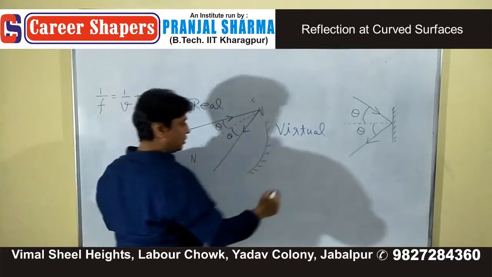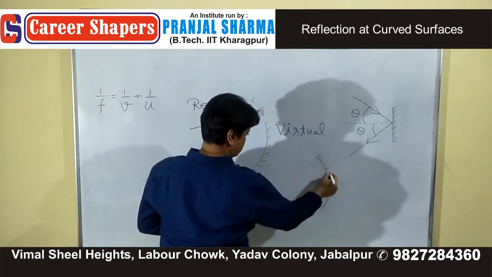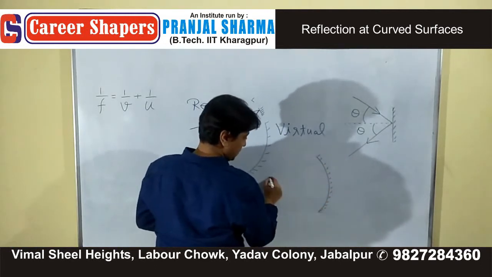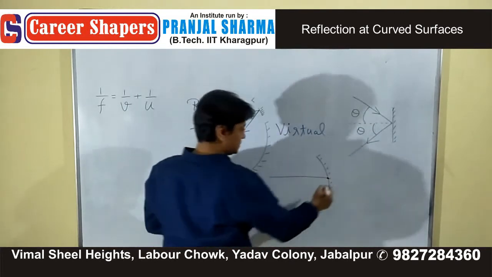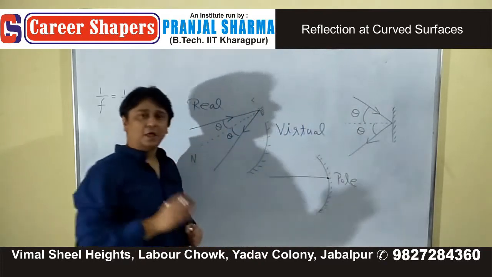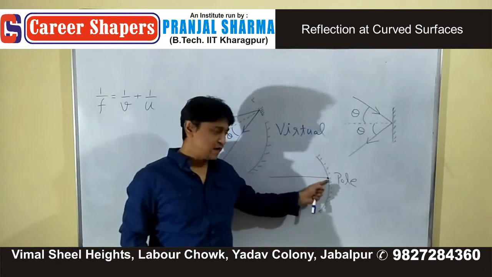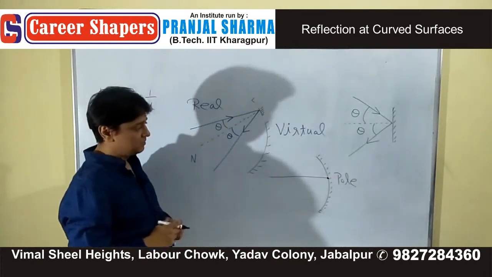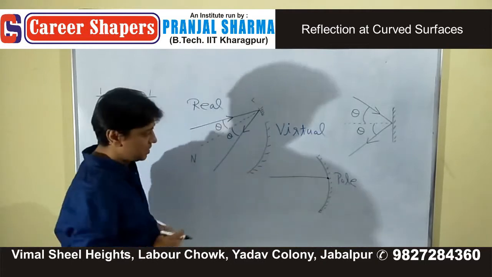What is pole and all these things? Look here. That's the mirror. This point is the pole of the mirror. And then we'll later on see that you can consider any point as the pole of the mirror. But as of now, let's say the center point is the pole.